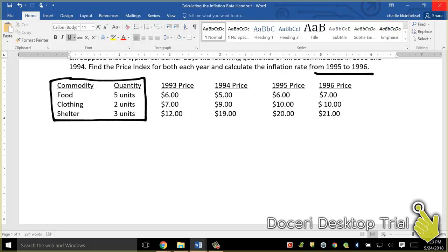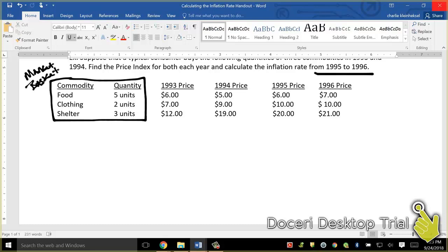Well, actually 5 food, 2 clothing, and 3 shelter. Okay? So I'm going to put market basket. That's what we want to know: how the value of that group of goods is going to change from 1993 all the way to 1996.